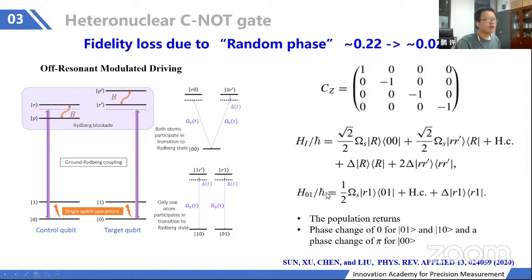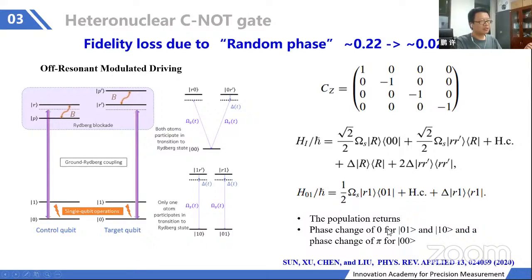And maybe for this, we can design some spatial evolution route such that after this pulse, the population will return, but the phase changes for this state.